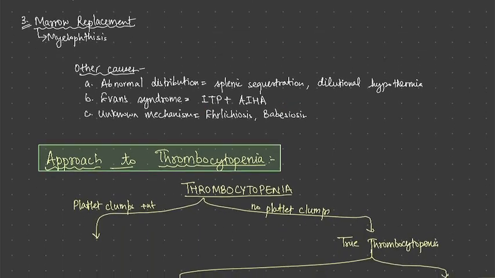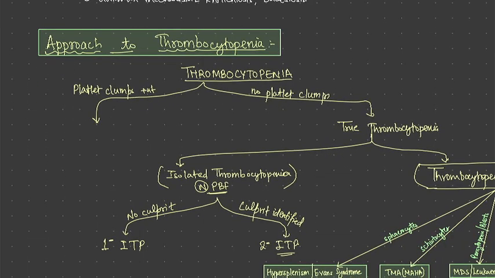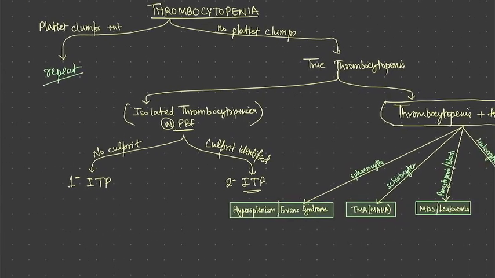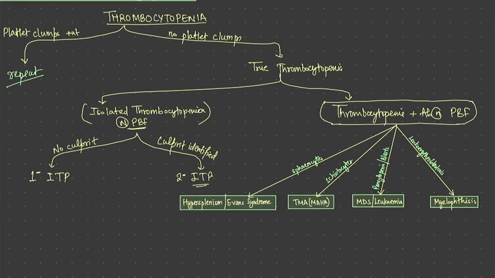Now, suppose a patient comes to you with thrombocytopenia, how will you approach the patient? First of all, see if clumps are present. If clumps are present, repeat the sample. If no clumps are present, it means it is true thrombocytopenia. If true thrombocytopenia, see if along with thrombocytopenia, the peripheral blood film is normal or abnormal.